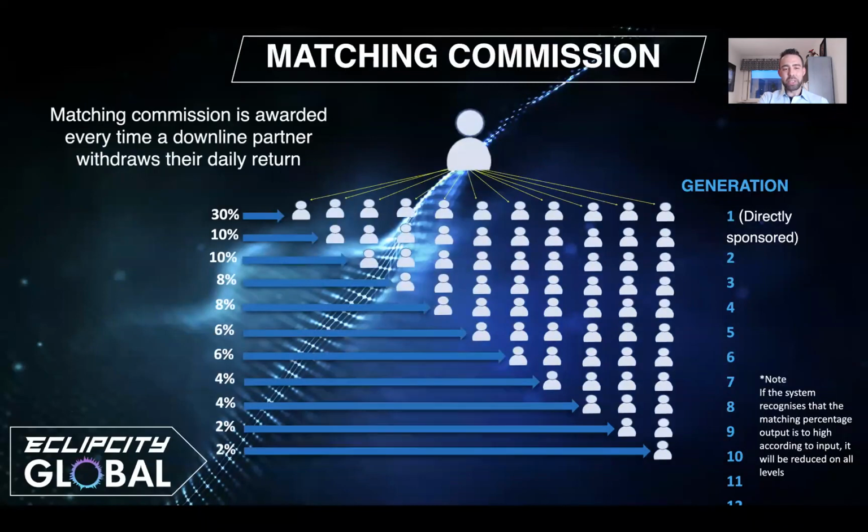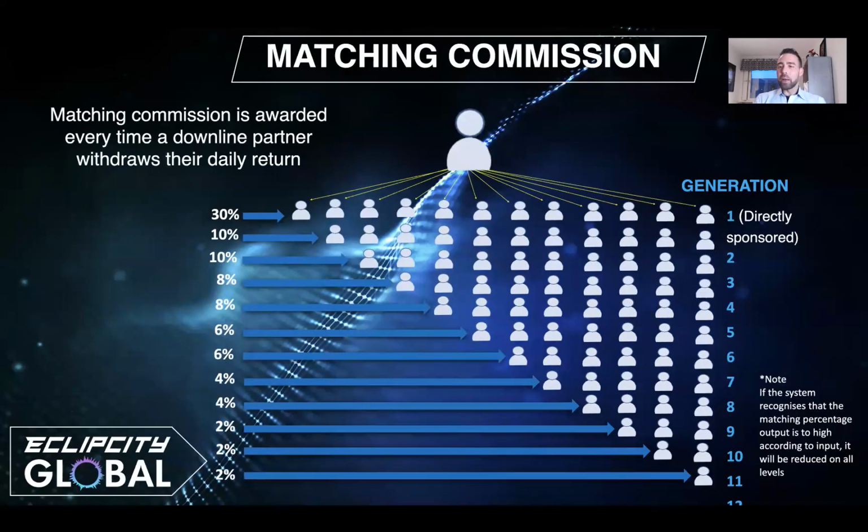Now, to finish that off, as a note, if the system recognizes that the matching percentage now given to all that is building, that the output is higher than the input, it will be reduced on all levels. This means that the contract algorithm is coded to detect fluctuations in the balance.